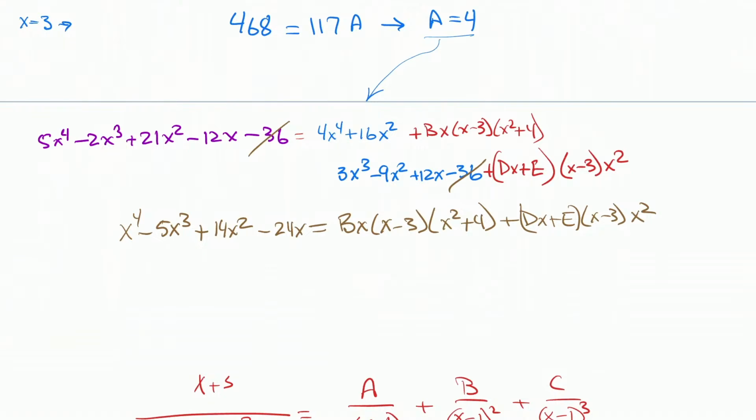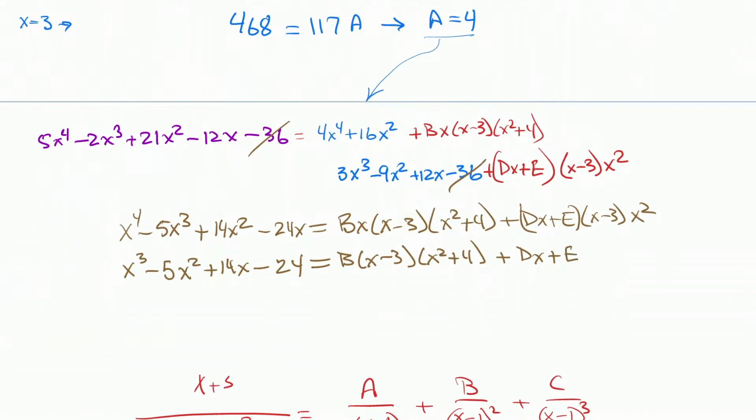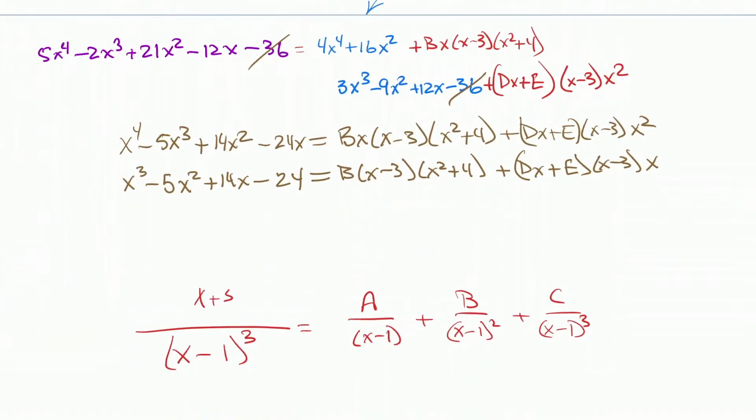Presumably I can. Let's first of all cancel an x. x cubed, 5x squared, 14x minus 24. This might be enough. b, x minus 3, x squared plus 4, plus dx plus e, x minus 3, x.